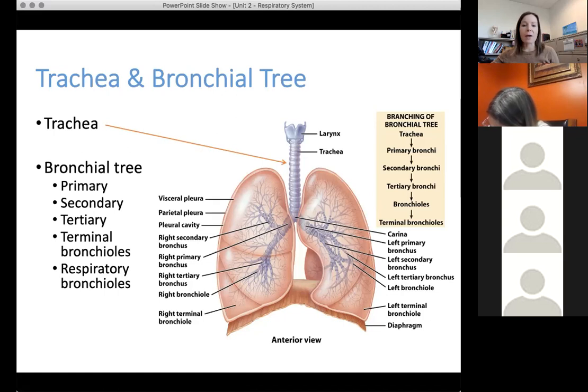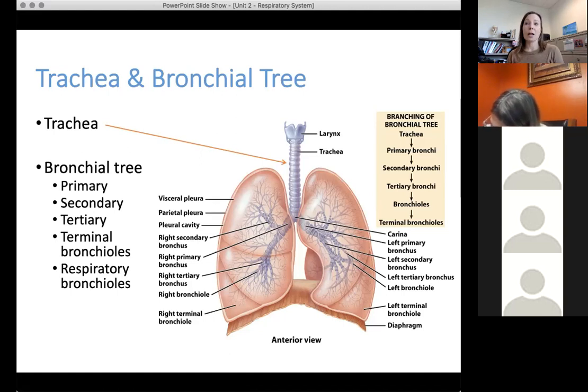So from there, after the primary bronchi, then you have secondary bronchi. These are just the branches of the primary bronchi. Tertiary bronchi are the branches of the secondary bronchi. So they just keep branching and branching into smaller and smaller branches.